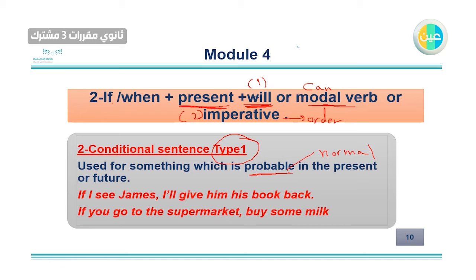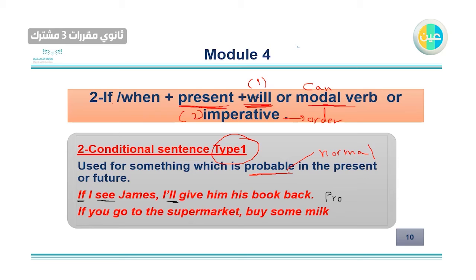Look, you have here if. So after if, see, present. The result, what do you have in the result? Will. So if I see James, I will give him his book back. So you can see him. This is something probable. Okay, something probable may happen. So if I see James, I will give him his book back.